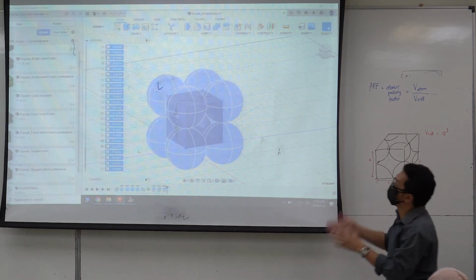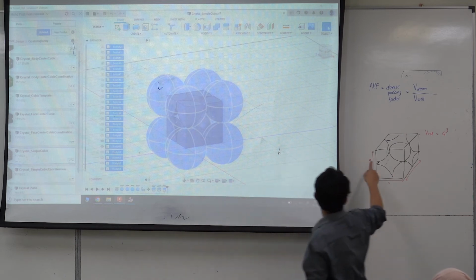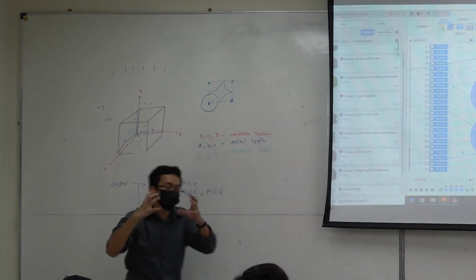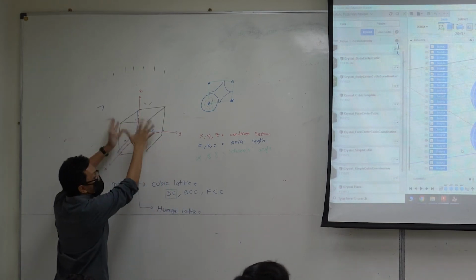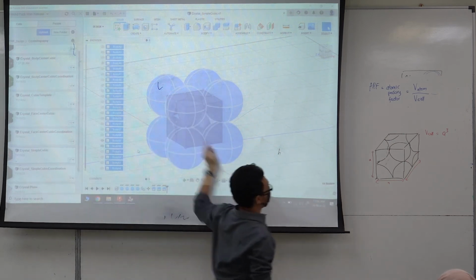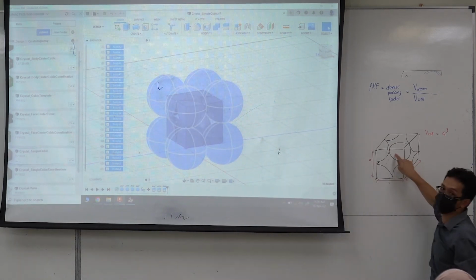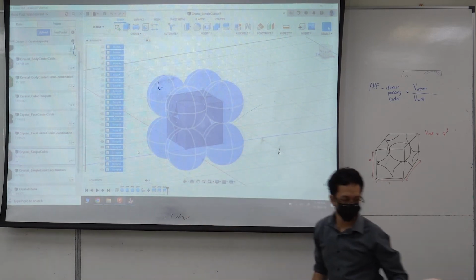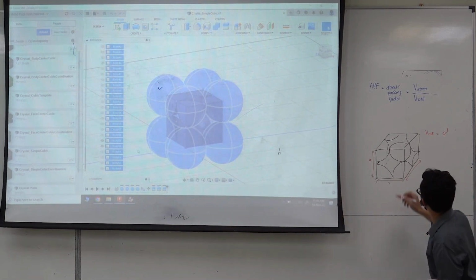I cut it because remember, we put the atom at the corner, but the unit cell is inside the box, the cube. So you can see I put the atom in the corner, but then I cut it, that's why I got it like this.